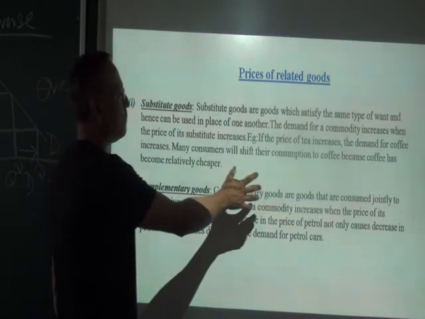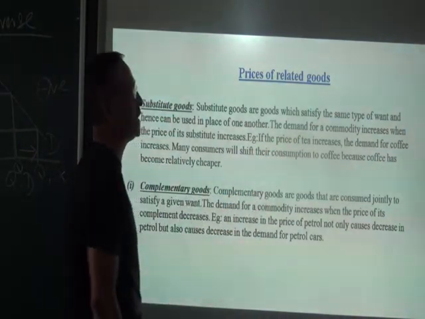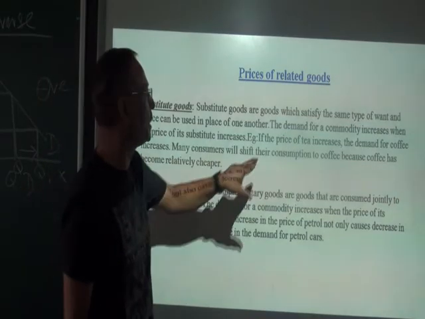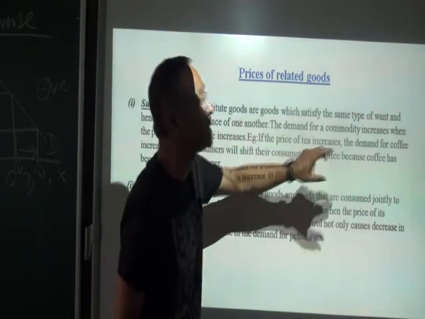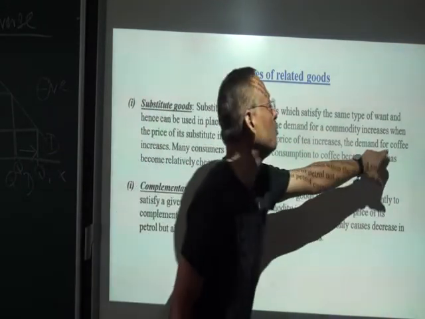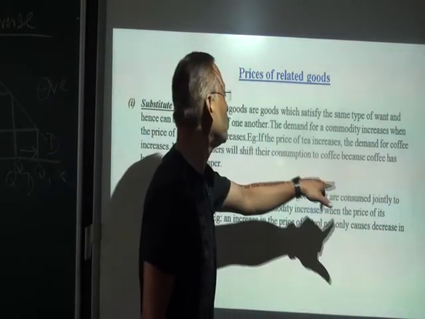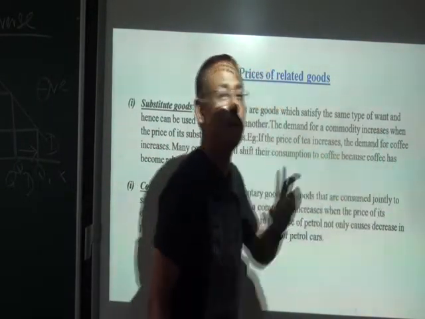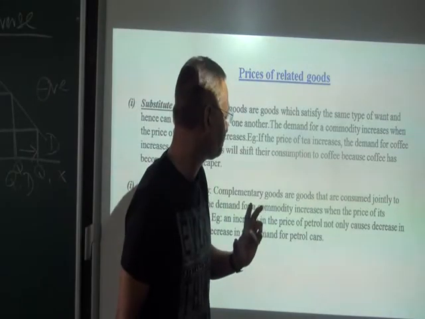An example: if the price of tea increases, the demand for coffee increases. Here the substitute good is tea and I am drinking coffee. The price of the substitute good, tea, is increasing, and the price of what I am drinking, coffee, my commodity, has not changed.